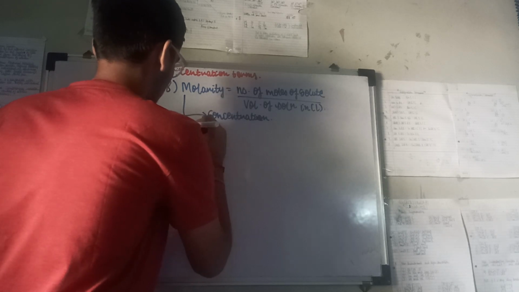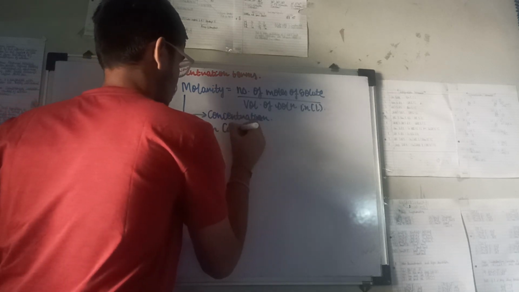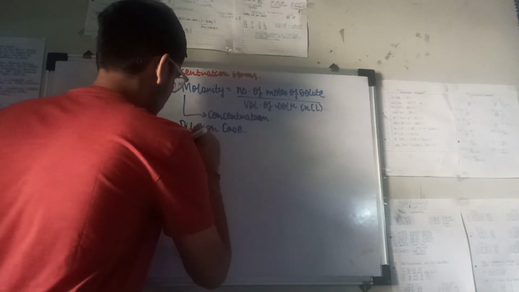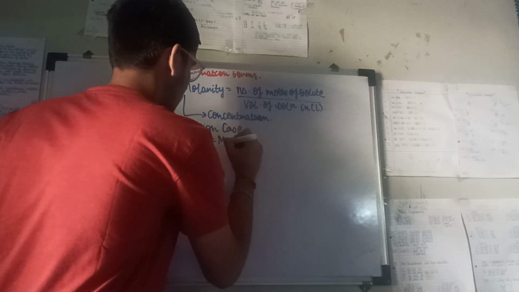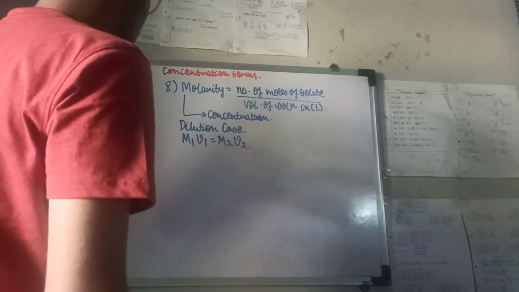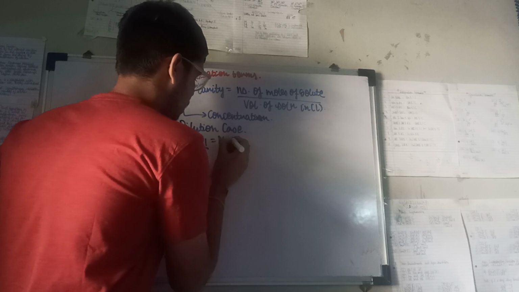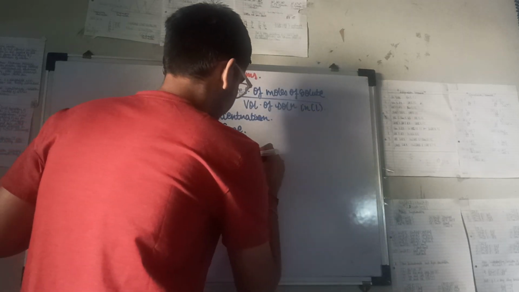So dilution case. In dilution case, simply we will use M1 V1 is equals to M2 V2, where M1 is the initial molarity dissolved in V1, and M2 is the molarity after dilution.